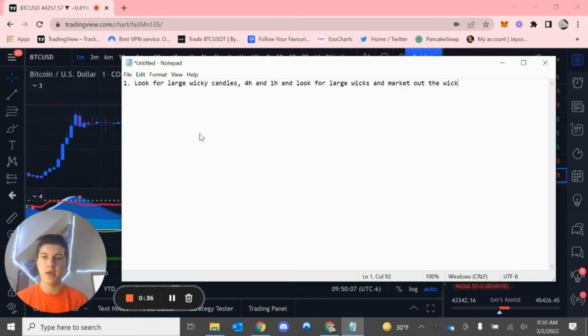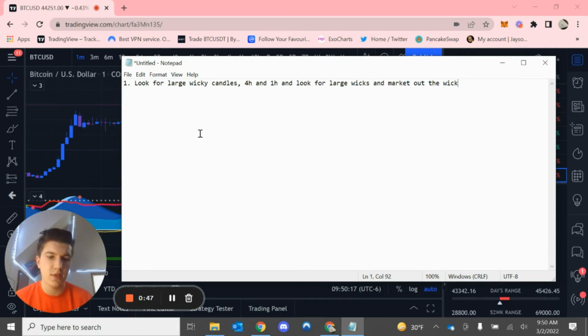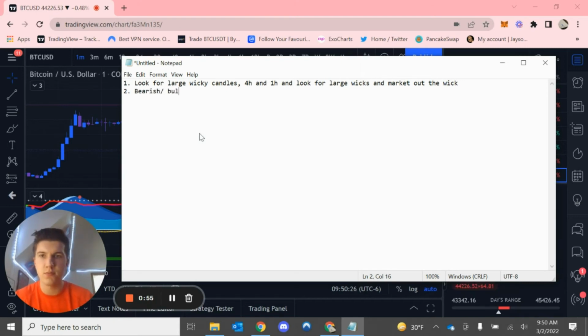I like to draw in the coordinates and then write out "wick", just to know that it's a potential swing failure pattern that I am looking to trade. Next, you want to see bearish or bullish divergences forming.